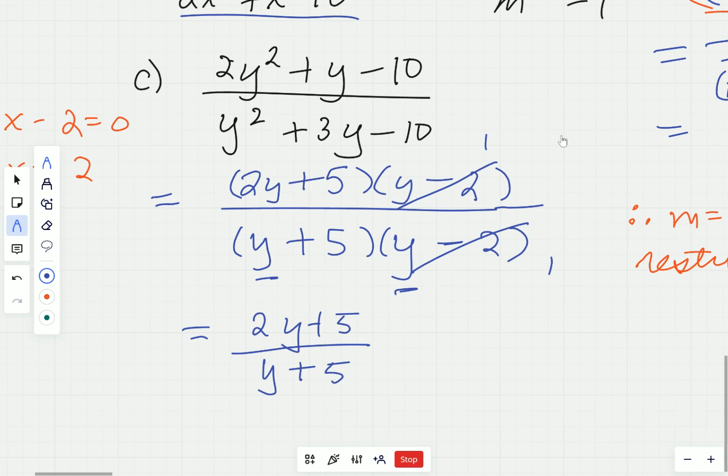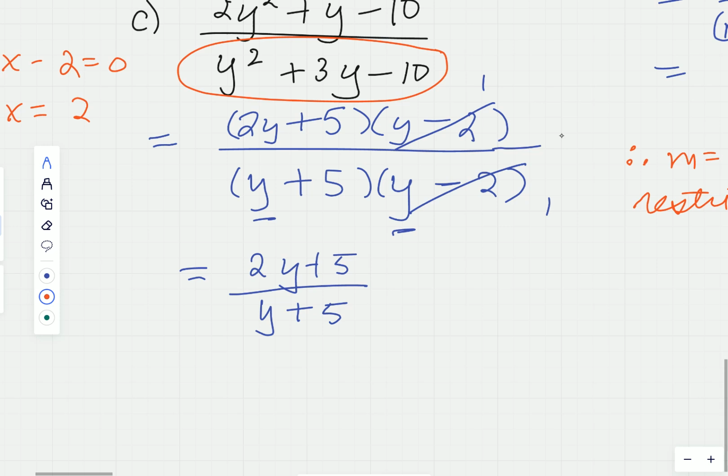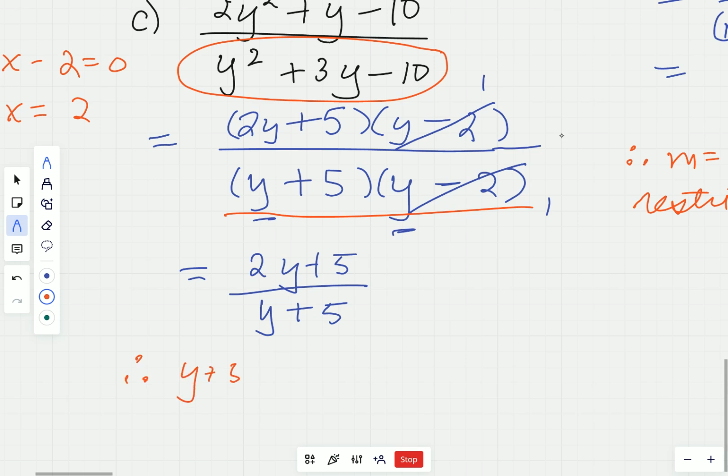Great. And then finally the restrictions. So again, when or how do we find restrictions? That's when the denominator equals 0. So when is the denominator equal to 0? When one of these two factors equals 0. So that means, therefore, when y plus 5 equals 0 or y minus 2 equals 0.